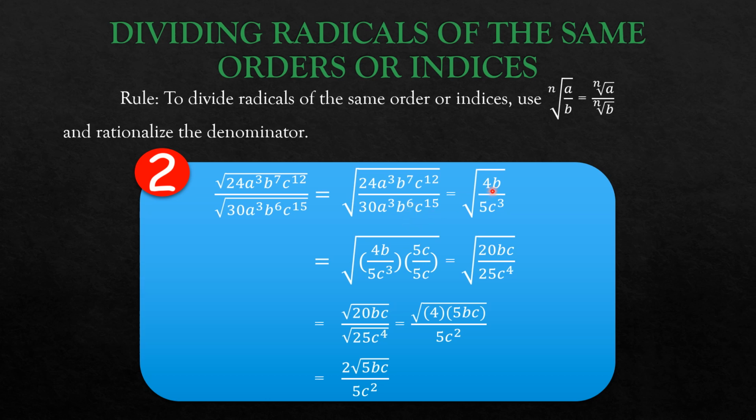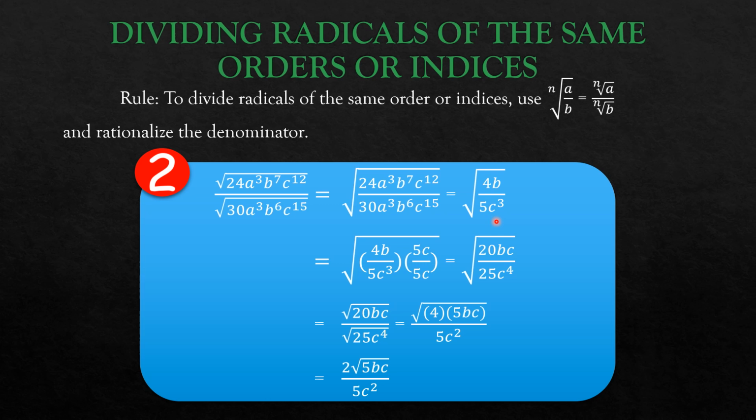Pagdating naman po kay variable c, we copy the variable c and we subtract the exponents. So, 12 minus 15, that is negative 3. According sa law of negative exponents, kapag negative siya, kailangan gawin nating positive. So, nilalagay natin yun sa ilalim. Kaya si c cubed nandito po sa ilalim.